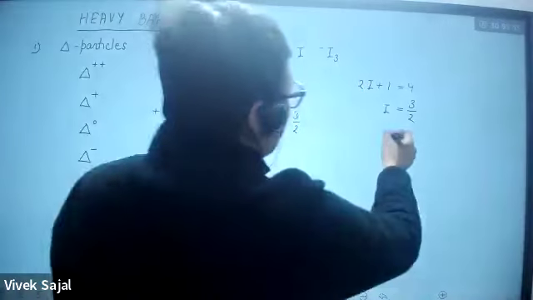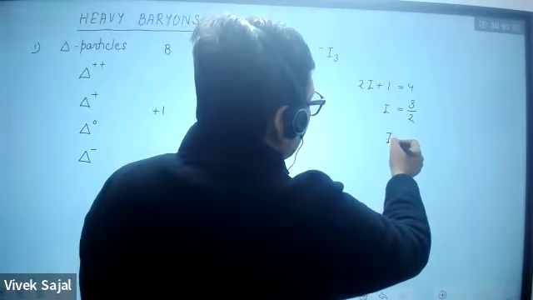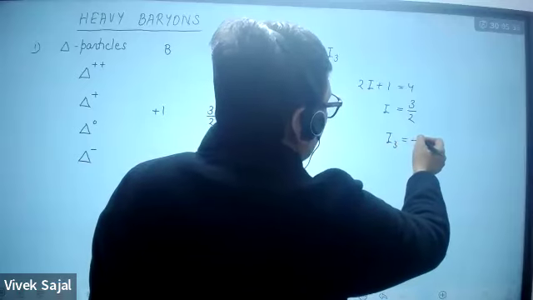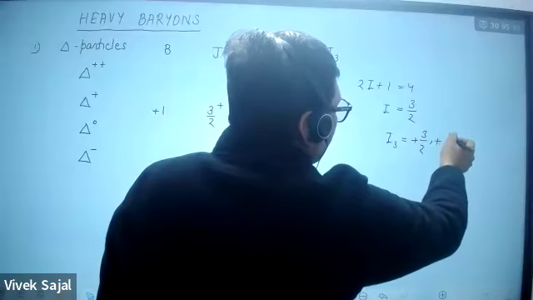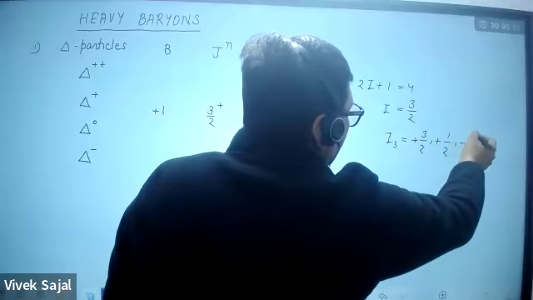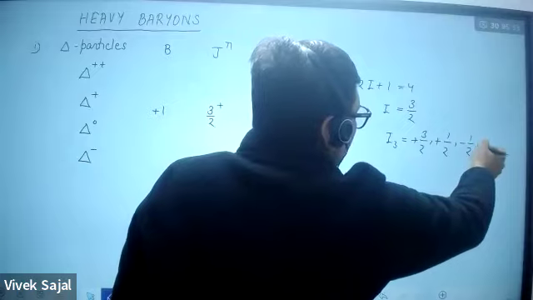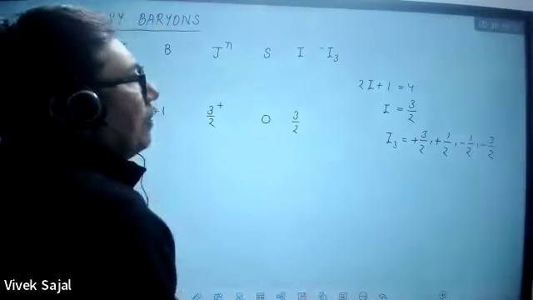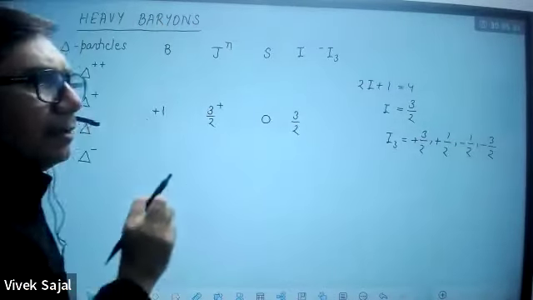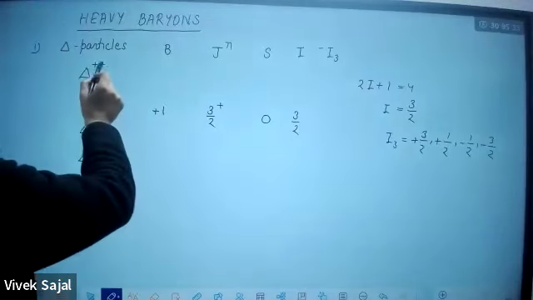So what are the values of I3 here? That will be plus 3 by 2, plus 1 by 2, minus 1 by 2, and minus 3 by 2. The highest value of I3 will be assigned to the particle having highest charge.